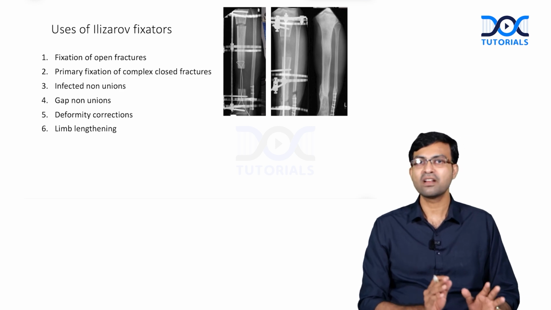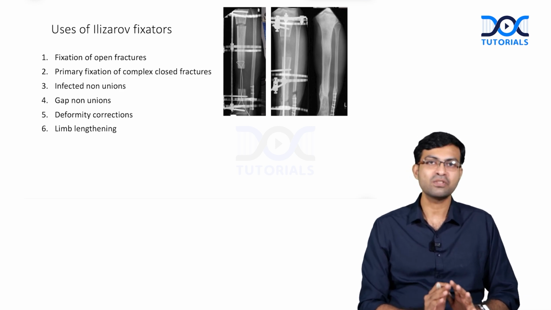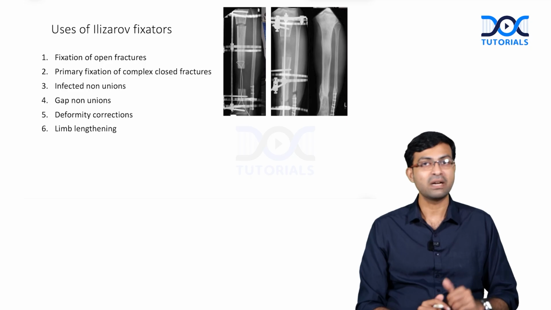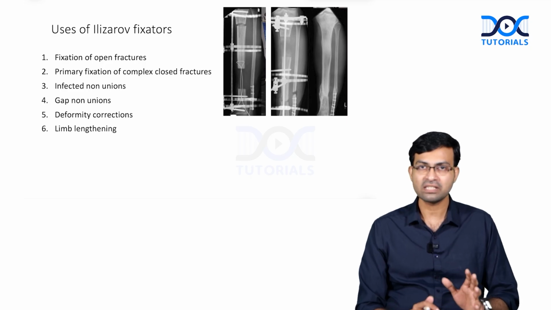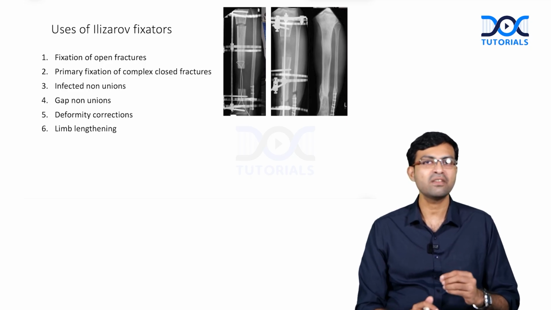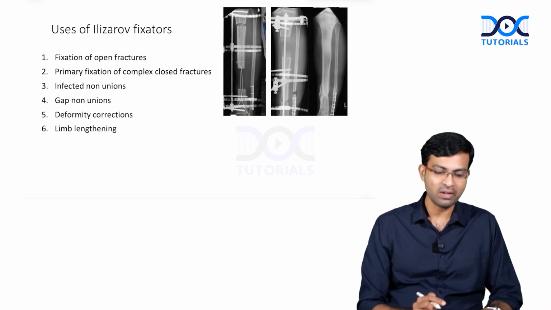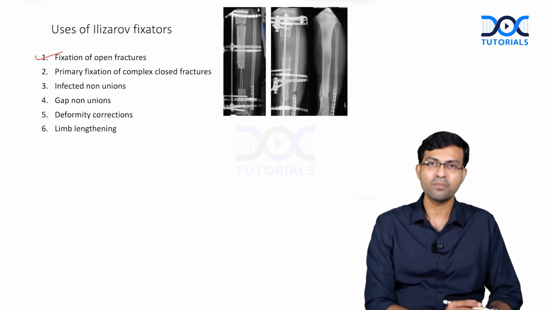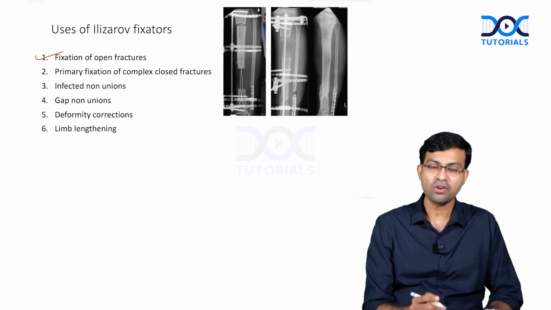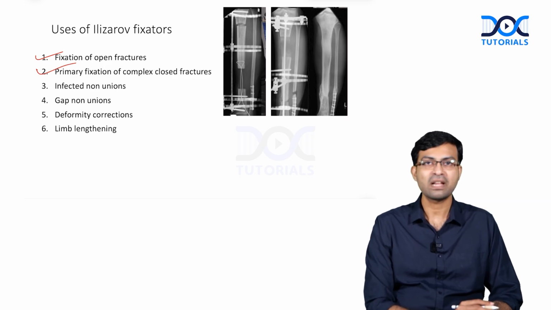Generally, I told you external fixators are used for what? It is used for treating open fractures. But Ilizarov fixation is not like that. It is a very versatile device. You can use it for multiple purposes. For example, it can be used for fixing open fractures. Even if the fracture is not open, for complex closed fractures also you can use it for fixation.